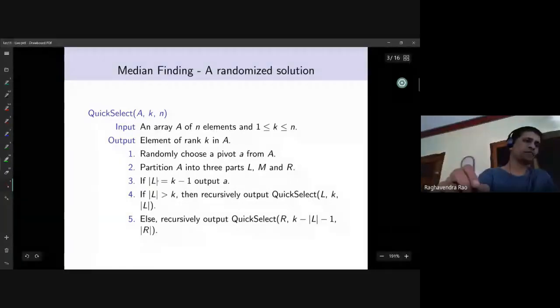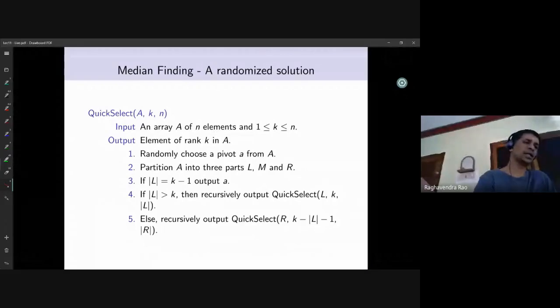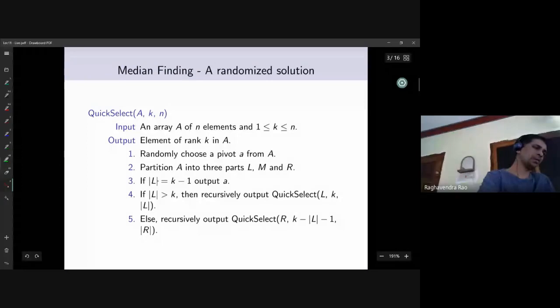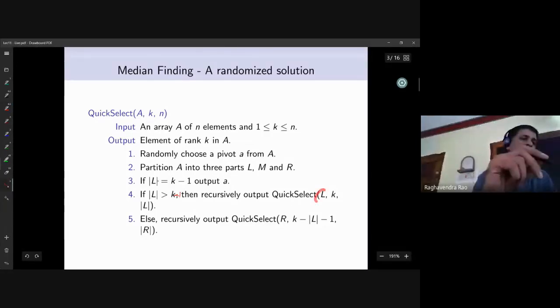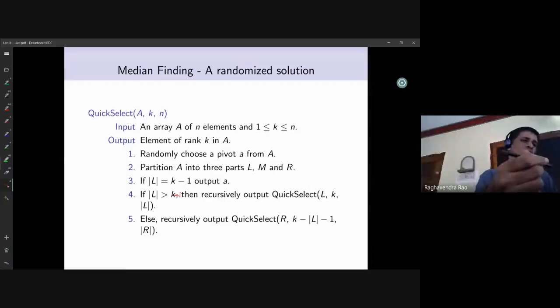In case the rank of the pivot is greater than k, that is, size of L is greater than k minus 1 (sorry, I forgot to correct it, that should be k minus 1 here), then we are sure that the rank k element is in the subarray L, and hence we recursively run the algorithm.